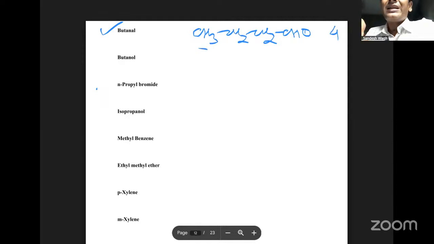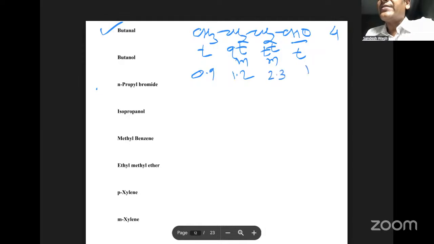Now triplet for this, this is quartet of triplet, that means straight away multiplet. This is triplet of triplet, you can write down multiplet, and this is your triplet. Chemical shift value: this will be 0.9, this will be 1.2, this will be attached to the carbonyl group so 2.3, and this is 9.5. That is aldehyde. So this is for your butanal.